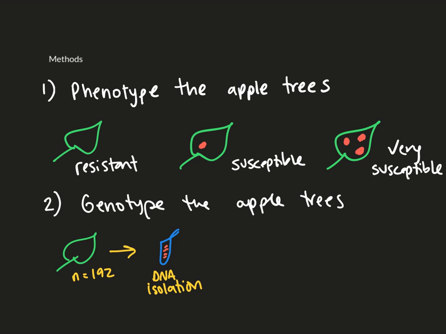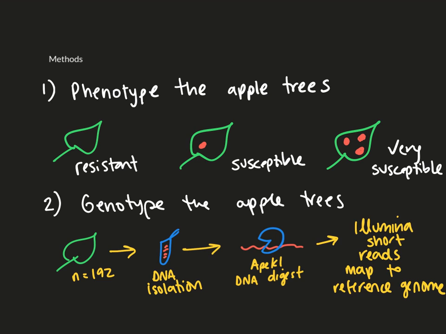And next, they have to genotype the apple trees, that is, see what DNA is there. So for 192 different trees, they extracted DNA from the leaves. Next, they performed a restriction enzyme digest of that DNA, followed by ligating some adapters and filtering and doing a size selection, resulting in the reduced representation of the genome that they then submitted for sequencing.